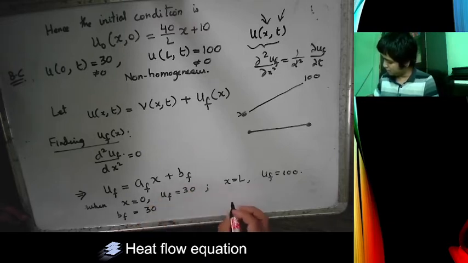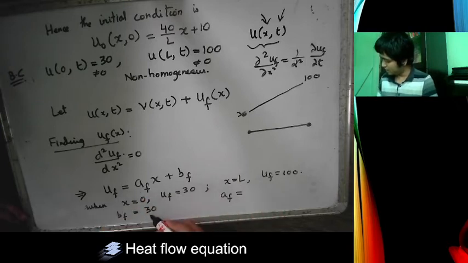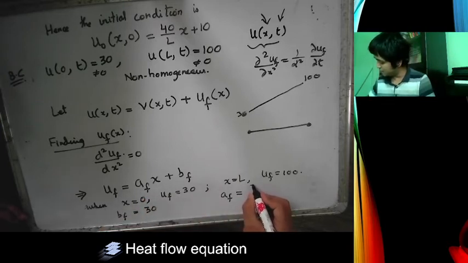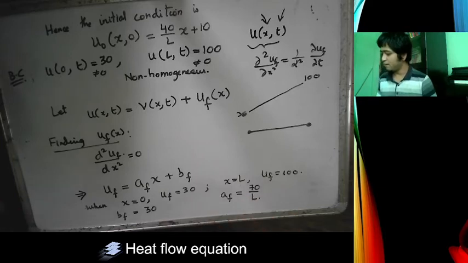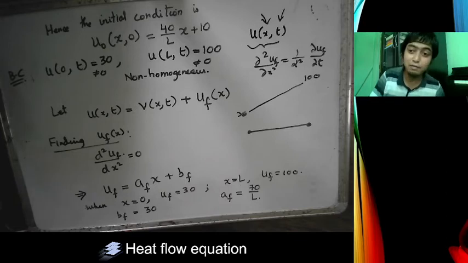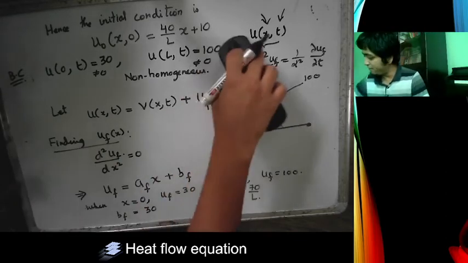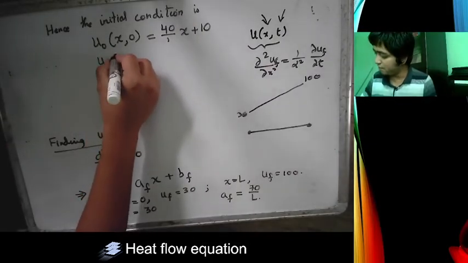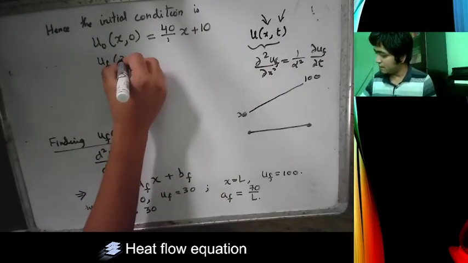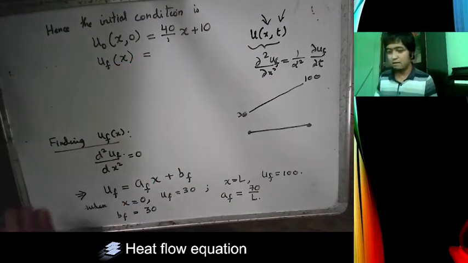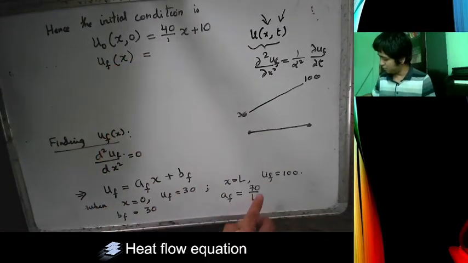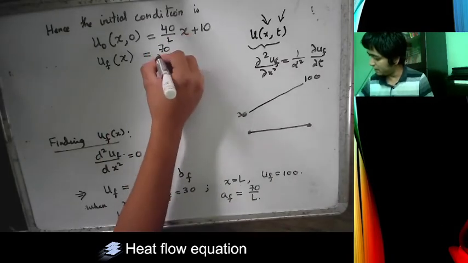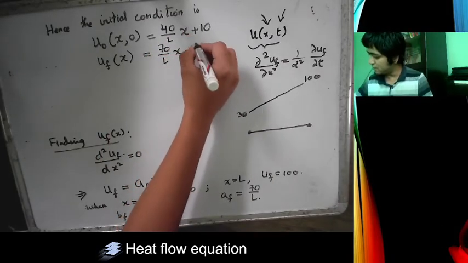When x equals L, u_f is 100, and 100 minus 30 gives 70, so A_f is 70 over L. So we have found u_f(x), which is equal to 70 over L times x plus 30.